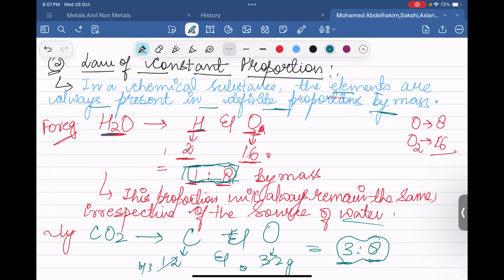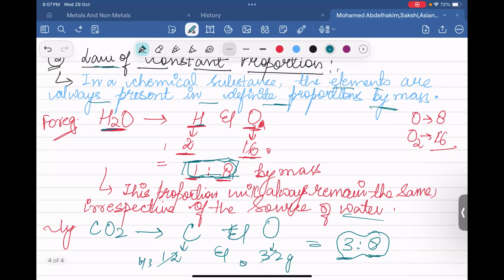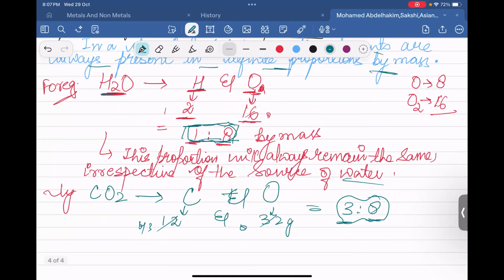So this is the second law of chemical composition. Understood? Write it.